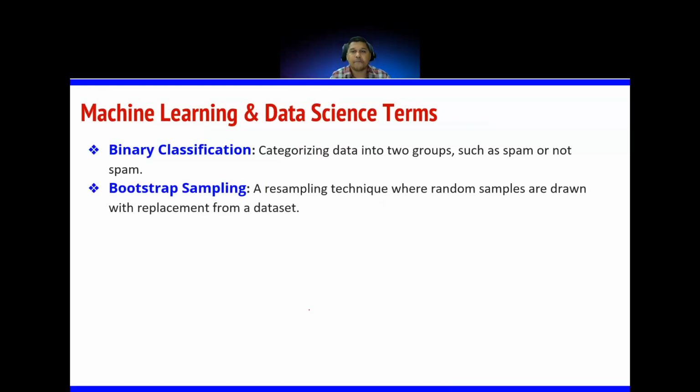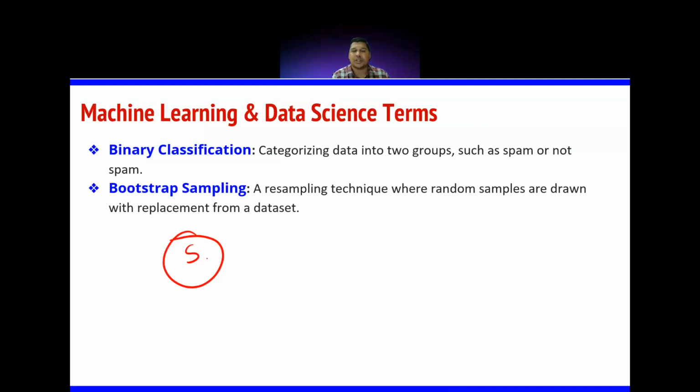Bootstrap sampling. When we studied estimation techniques, we studied point estimation and interval estimation. In interval estimation, we use the bootstrap sampling method. What is it used for? You have a sample with you, and you are doing interval estimation, not point estimation.